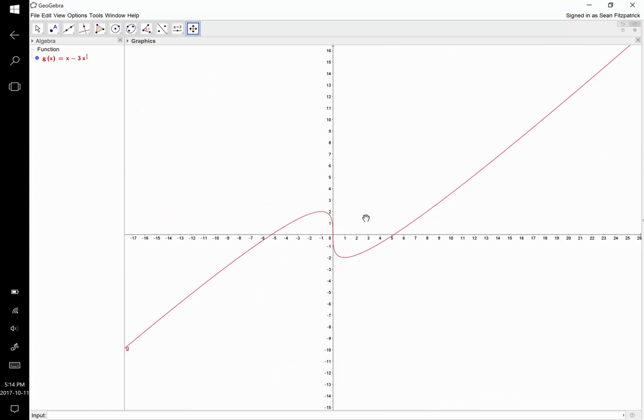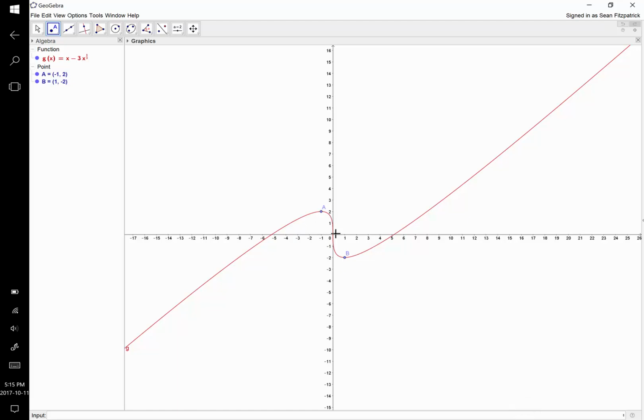You'll notice that those critical points at plus and minus 1, we can see those here. There's one, there's the other one. Those correspond to a max and a min. What about that critical point at 0? You can notice that as you pass through 0, the slope of the tangent line becomes infinite.